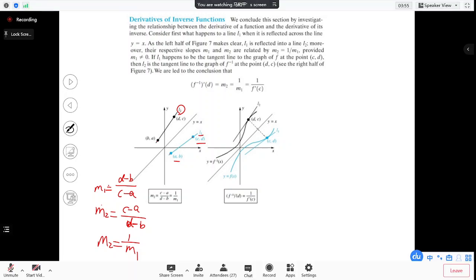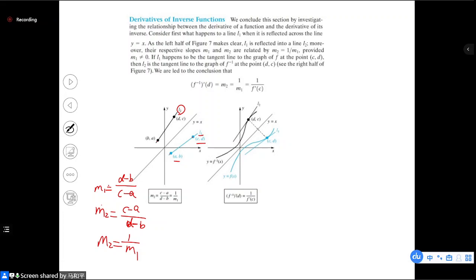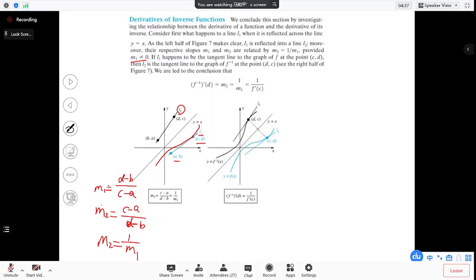Here we suppose m1 is not 0. For a curve, this is L1. If L1 happens to be the tangent line to the graph of f at the point (c, d), this means this straight line happens to be a tangent line to the graph of f.